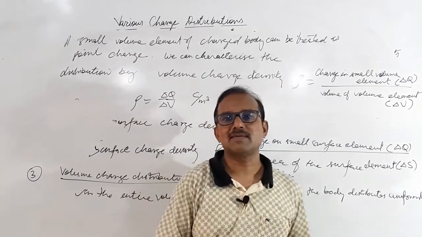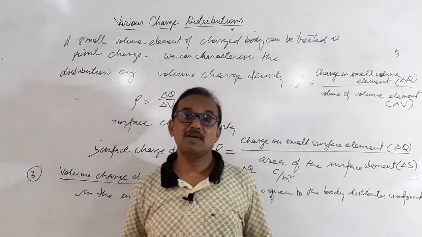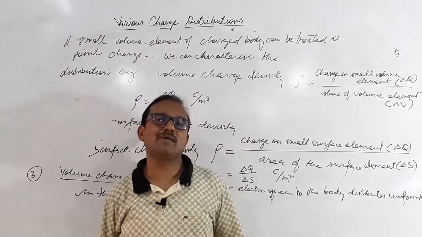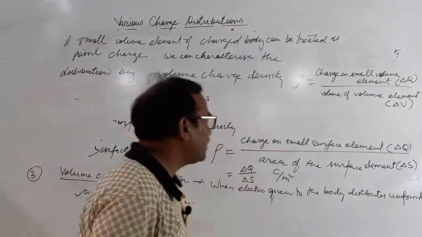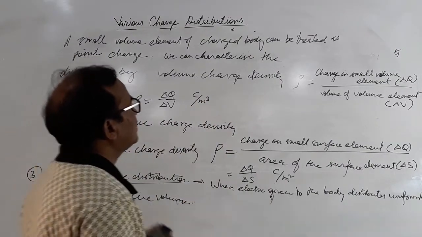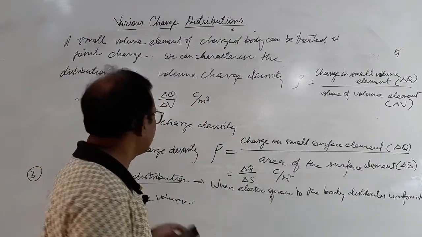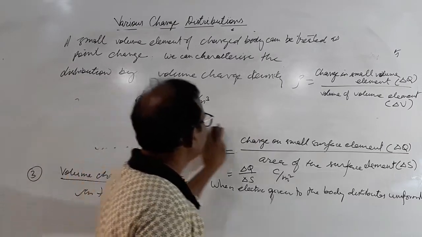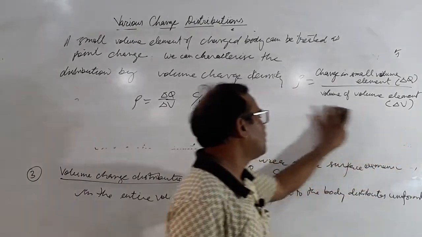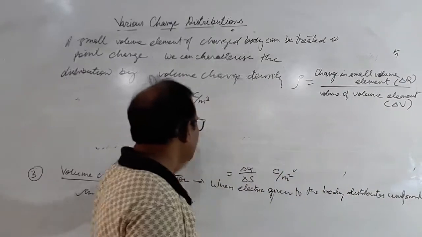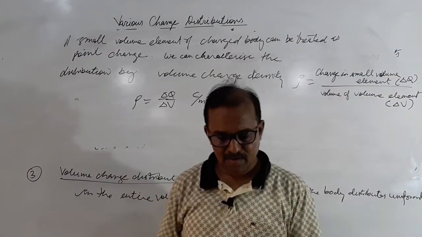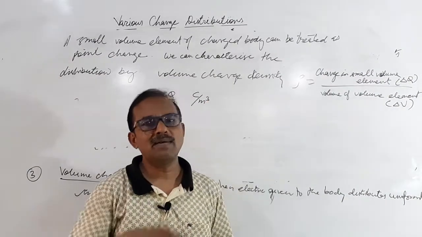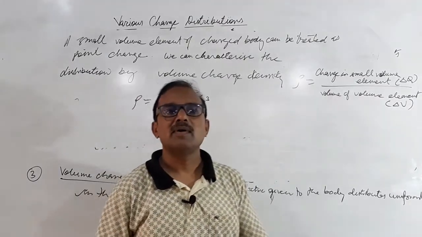So in all cases, we consider charge densities, not total charges, because distant charges cannot influence the given point. Be very focused here: charge density is important, and small elements of these distributions are taken as point charges.